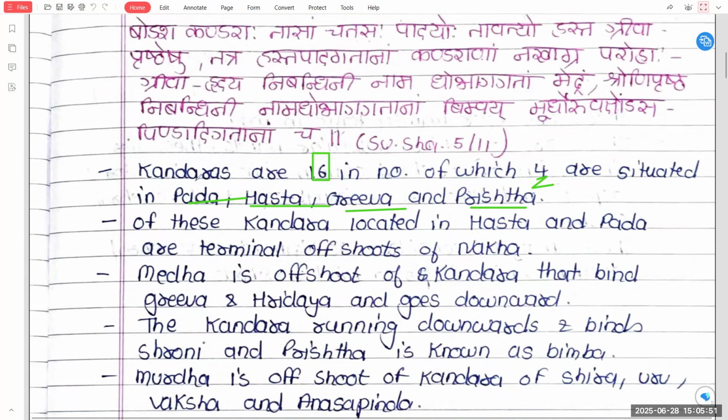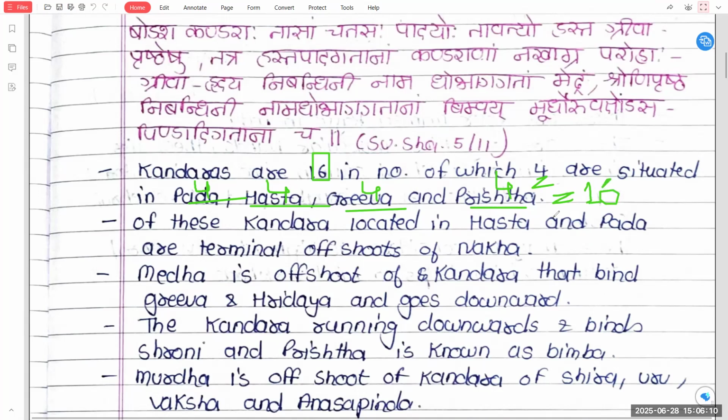Okay, 4 each. 4 Kandra in Pad, 4 in Hasta, 4 in Griva and 4 in Prishtha. So this makes how many? 16 Kandra in total.